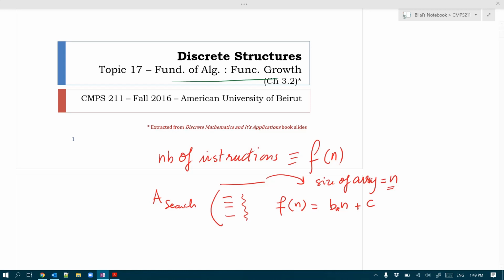Okay, so when it comes to sorting algorithms, as you may have noticed, we have typically nested loops. Where the first one is almost to the order of n, and the second one it's almost to the order of n.